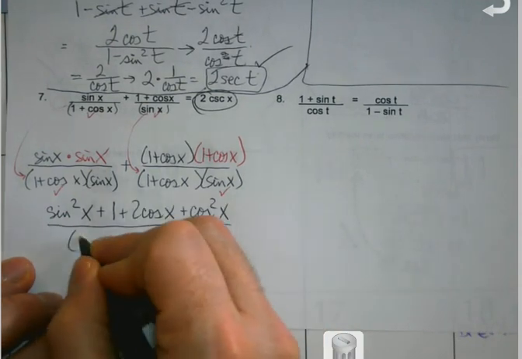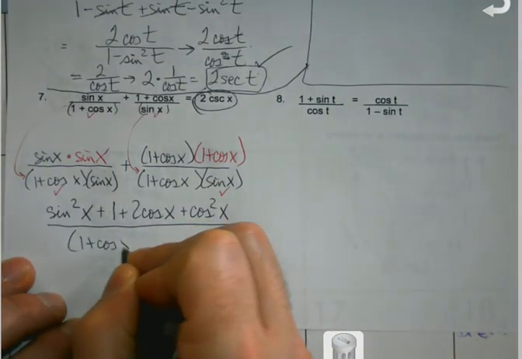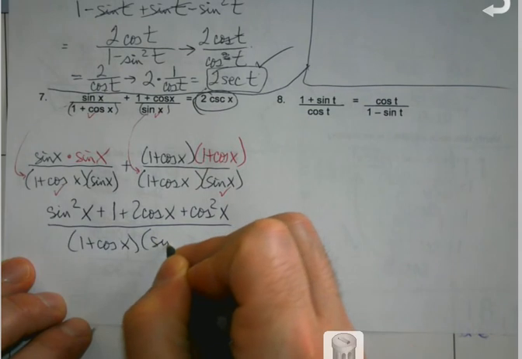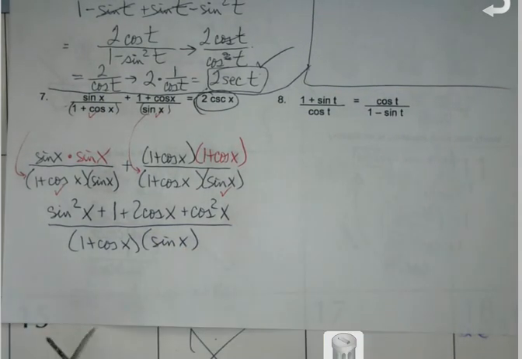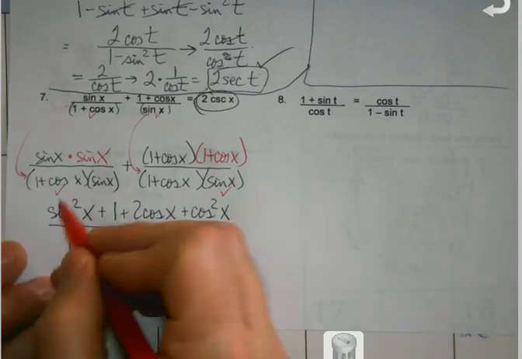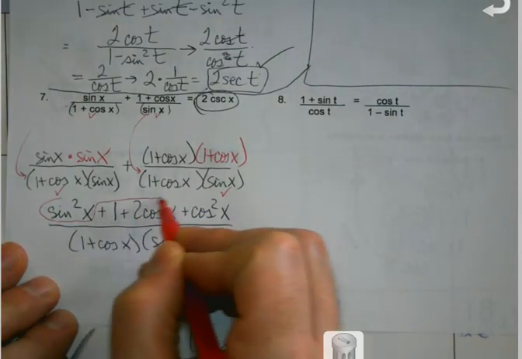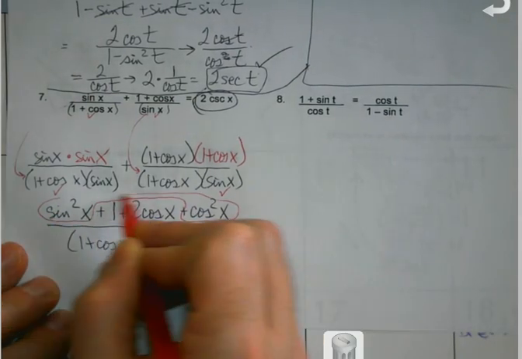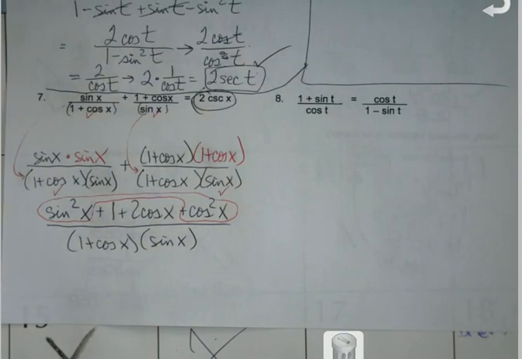And I'm saving my coolest trick for the end. When I get to here, I can rearrange the terms because, again, when you're adding numbers, it doesn't matter if you're adding 4 plus 7 or 7 plus 4. I can rearrange them. Why would I want to do that? Because I can get sine squared plus cosine squared that way.